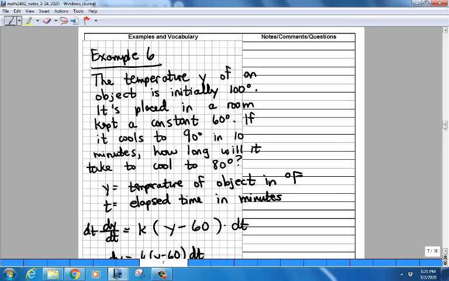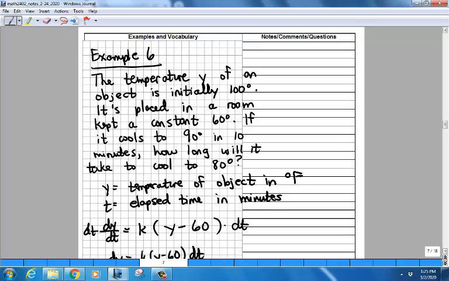So remember last time we were applying Newton's law of cooling to this problem. We had an object, and it was initially 100 degrees, but we placed it in a room where the surrounding temperature was 60. So of course the object is going to cool off, and Newton's law of cooling tells us the rate of change at which that object is going to cool. This, by the way, also applies if you're heating up an object.